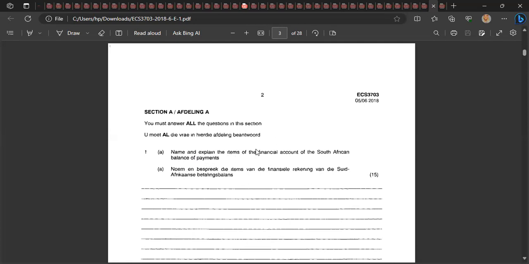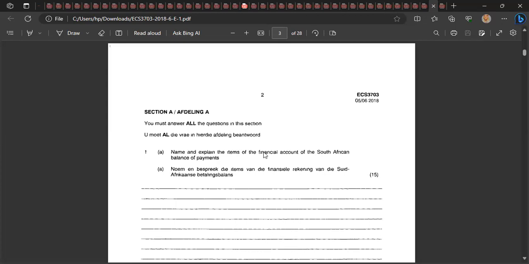Maybe on the static guide here, the textbook is not exactly going to give you something specific to the South African balance of payments, but the notes have it. There's stuff that I left out, but it was not on the financial account, probably things like unrecorded items or reserves.